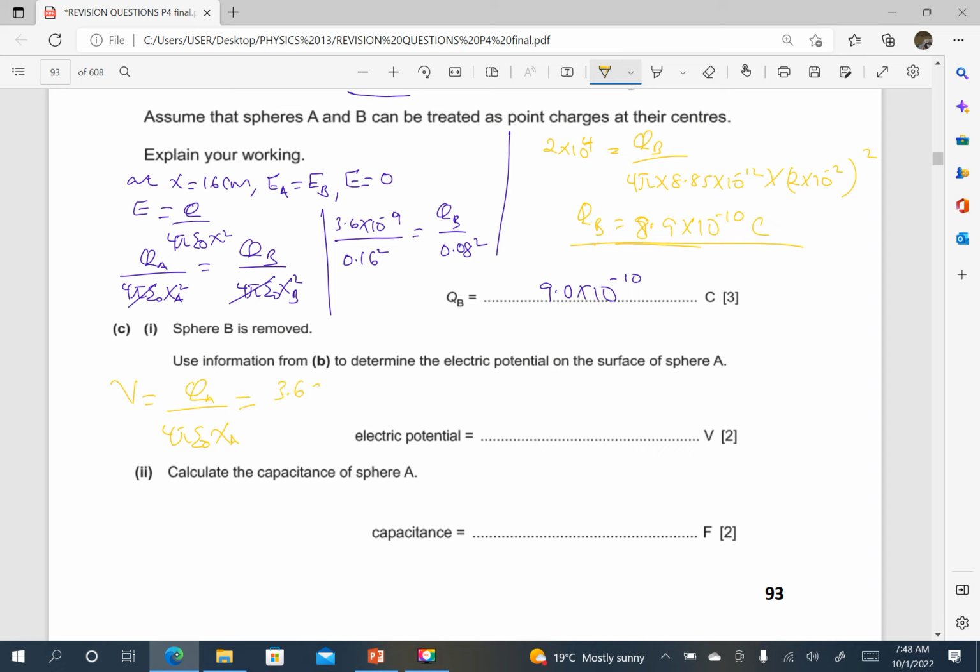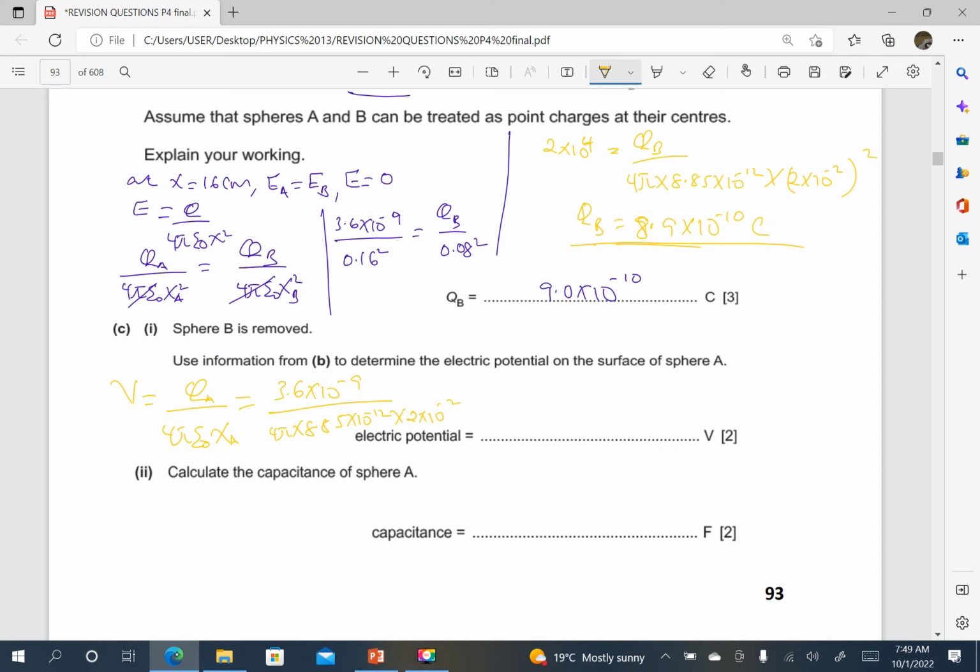This is 3.6 times 10 power negative 9, divided by 4 pi times 8.85 times 10 power negative 12 times the radius of sphere A, which is 0.02.